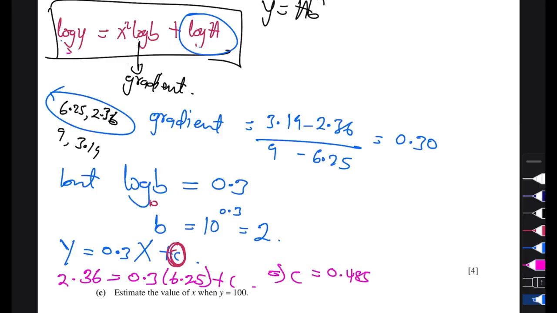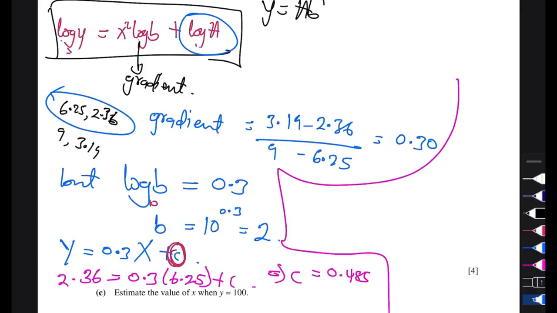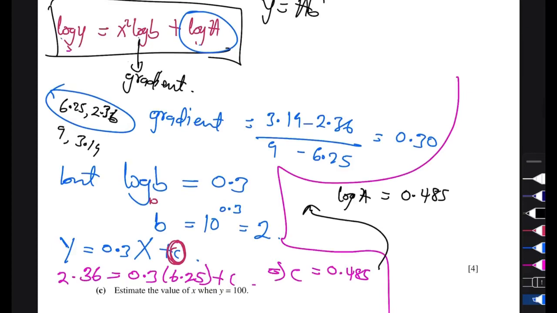Now I know that I've made this a mess, but bear with me. So we know that C is log A, right? So log A is equal to 0.485, and there's a 10 here. Okay, so A is basically 10 to the power 0.485.